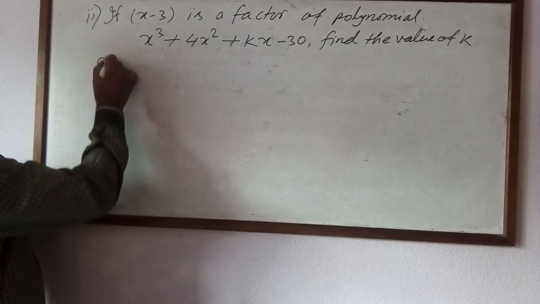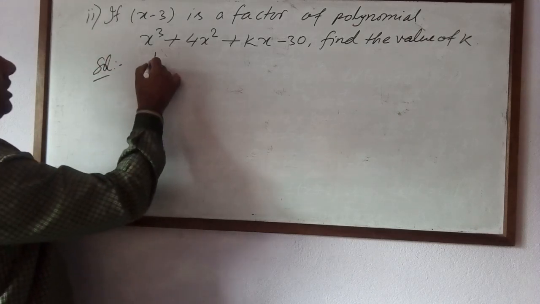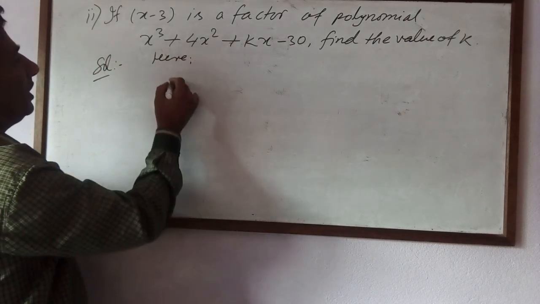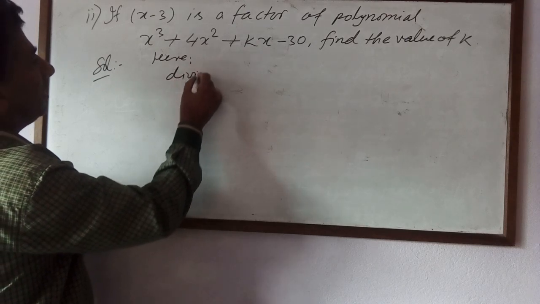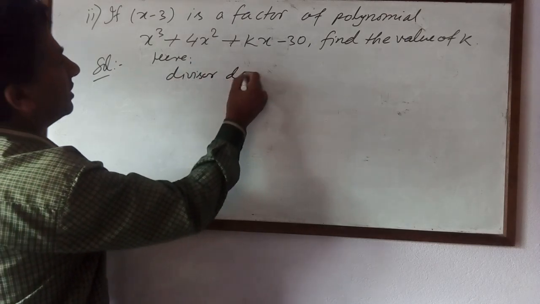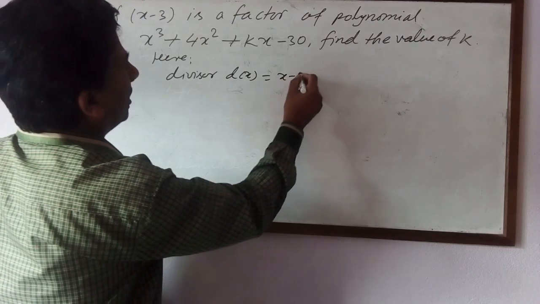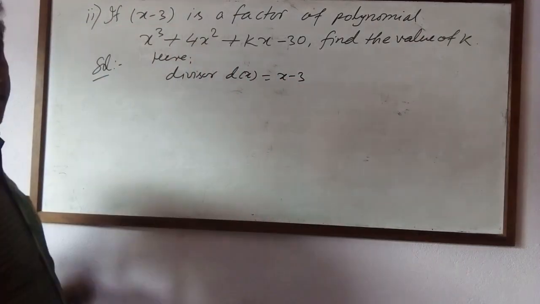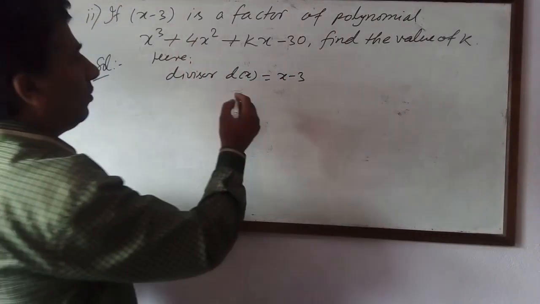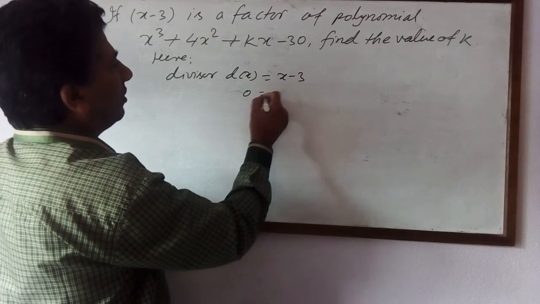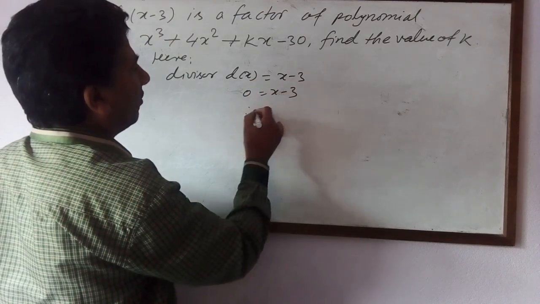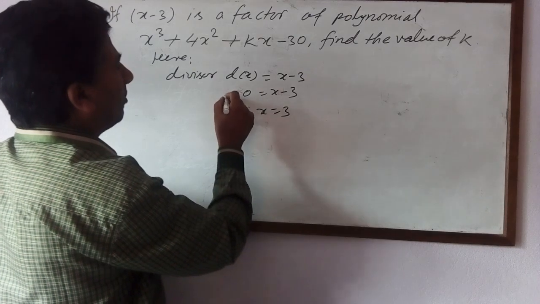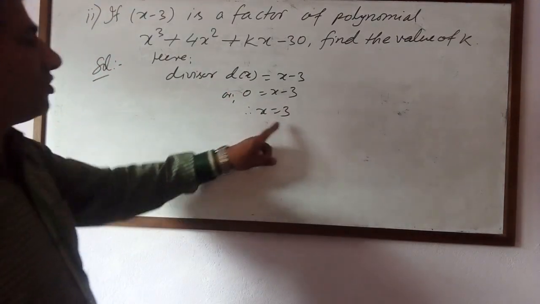Solution: here the divisor d(x) equals x minus 3. Setting x minus 3 equal to 0, we get x equals 3.